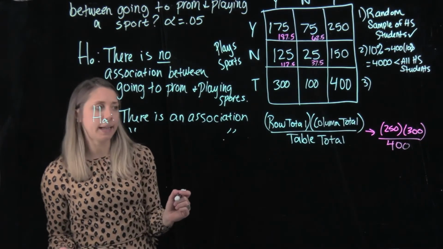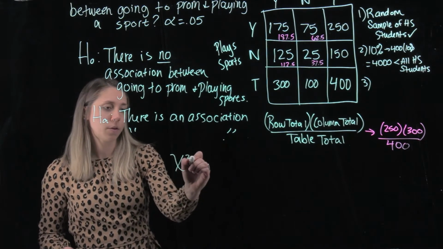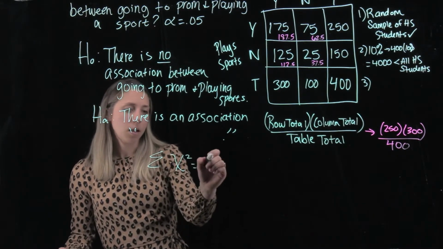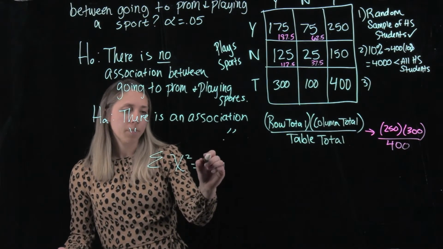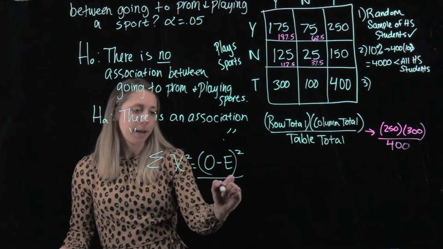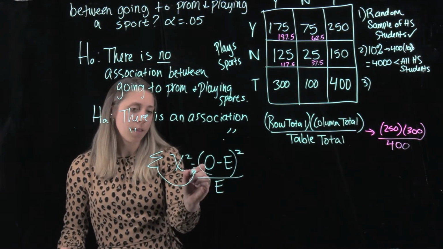So now what we need here is our chi-squared contributing values. Remember, your chi-squared test statistic sums up all of your observed minus expected, squared, divided by your expecteds. So that sum sign should be out front there.